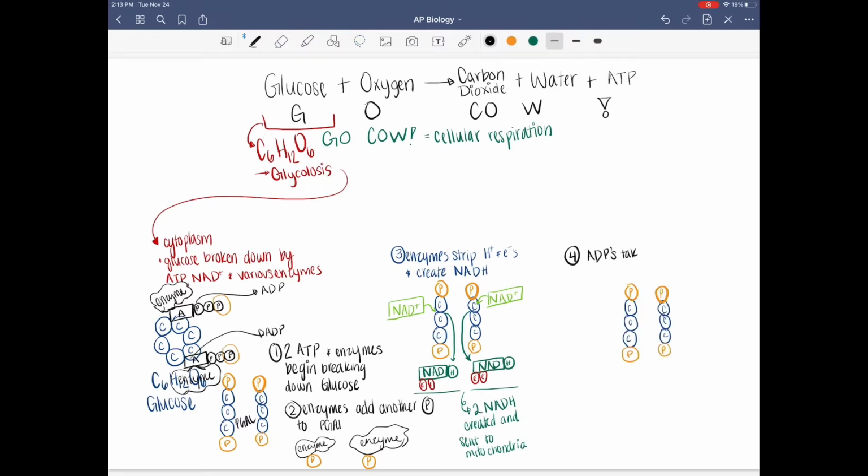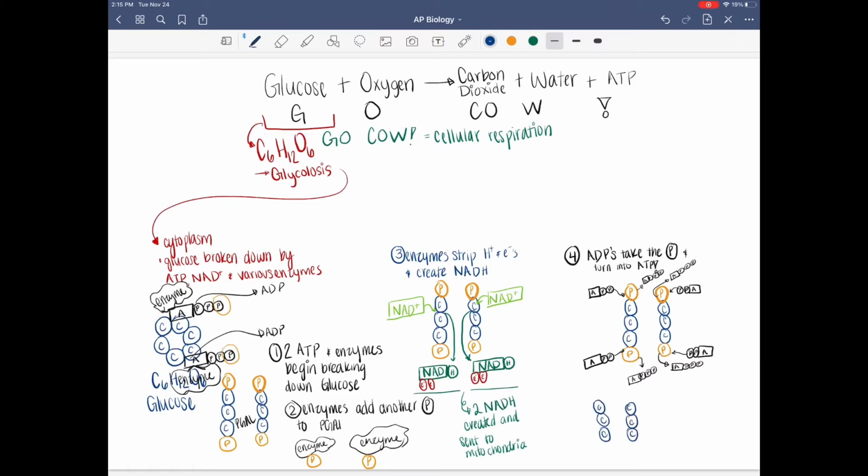Our next step in glycolysis is where we're finally going to make our ATP. We'll have ADP molecules take that last phosphate from each end of our 3-carbon molecule, creating 4 molecules of ATP.